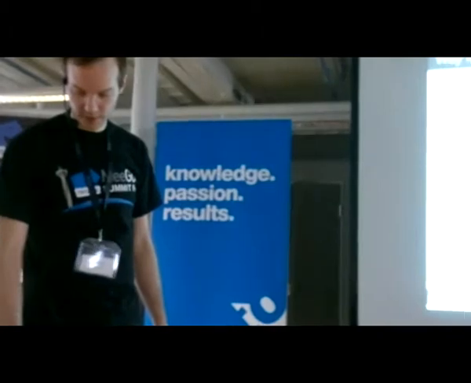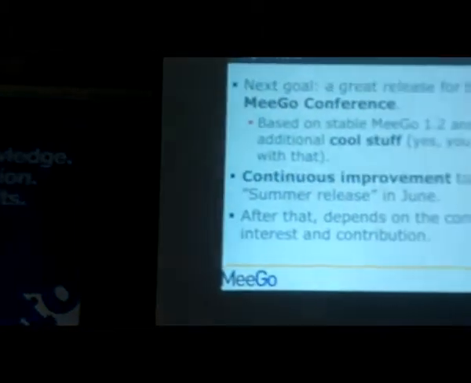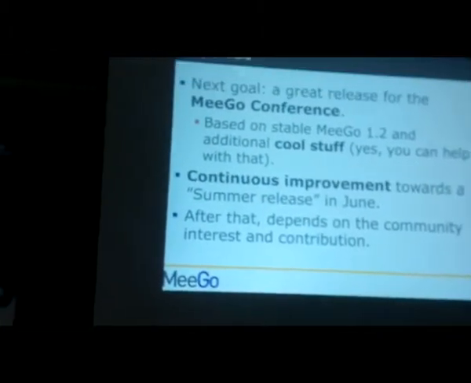And after the MeeGo conference, continuous improvement, and then a summer release in June. So I hope we go to the summer holidays and we have a super good MeeGo running on the N900. What happens after that is open, so to say.